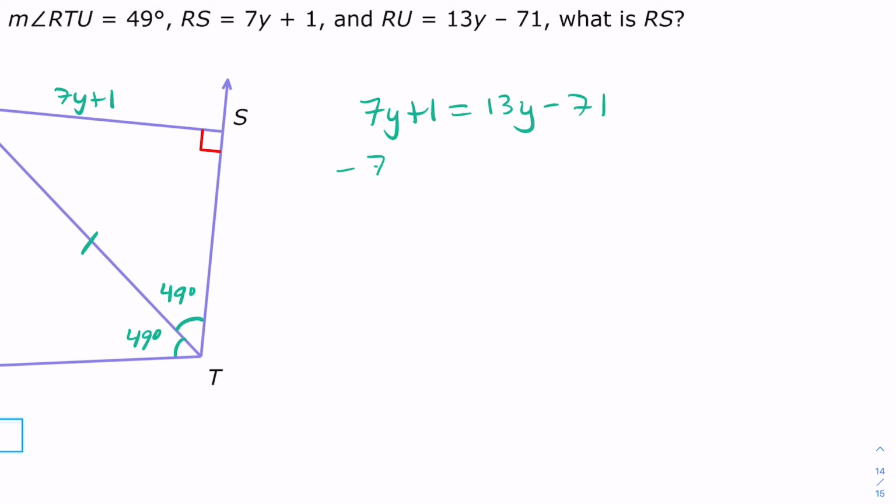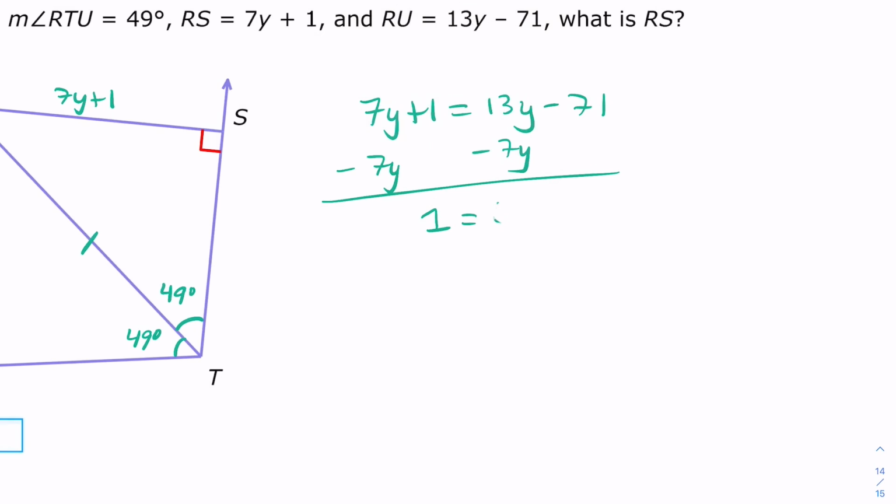I'm going to take away 7y. I get 1 equals, wait, I'm sorry, not 16. What am I talking about? No. 13 minus 7 is 6y.